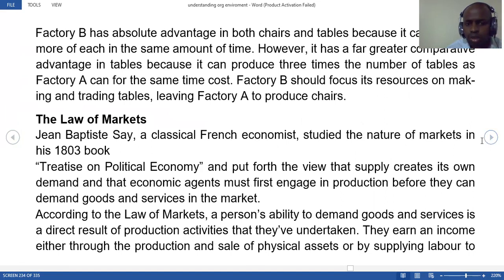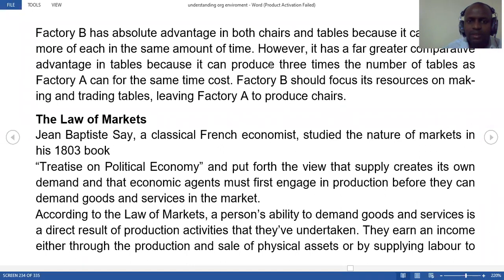So we are also talking about the law of markets. That one you can read. But however, we can say according to the law of markets, a person's ability to demand goods or services is a direct result of the production activity that they have undertaken. They earn an income either through the production and sale of physical assets or by supplying labor to the market.